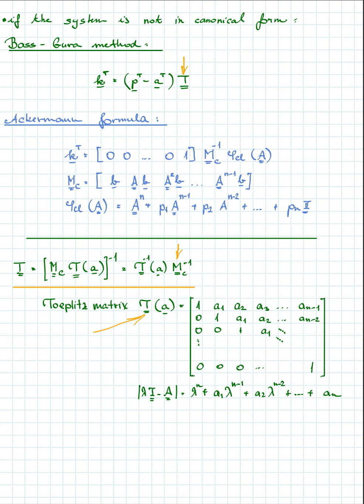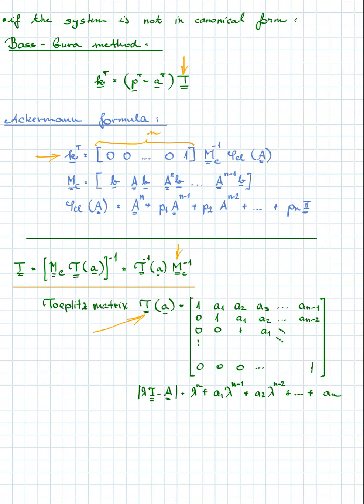The other one is a very famous formula, the Ackermann formula for the single input, single output systems. And this is the formula: K transpose is equal to a row vector. All the elements are 0, but not the last one, which is equal to 1. So the number of elements here is n.